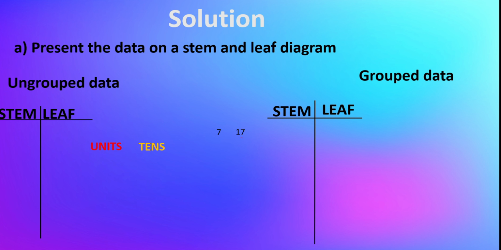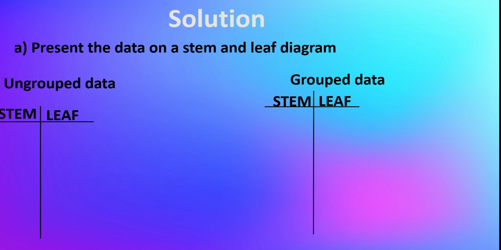Going back to grade 3, if you were asked to present those numbers on an abacus, considering 7 first, you would say we have 7 units and 0 tens. Similarly, for 17, you say we have 7 units and 1 ten. This is the same process that we are going to do on our stem and leaf diagram.